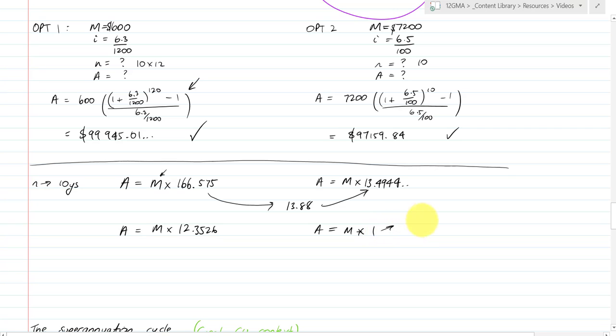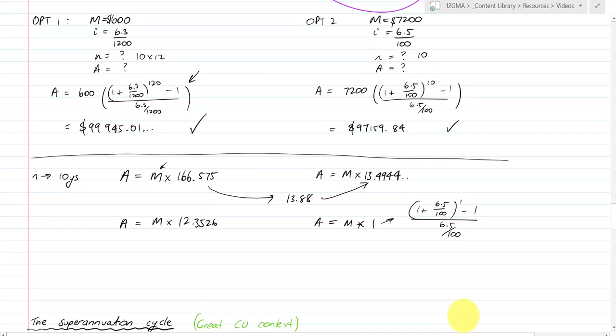And that makes sense because for yearly that's 1 plus 6.5 over 100 to the power of 1 minus 1 over 6.5 over 100. And of course the 1 plus that minus 1 cancel out, and therefore this one cancels to this one.